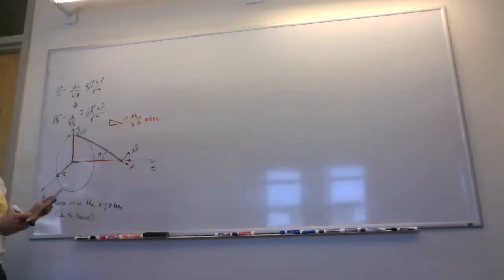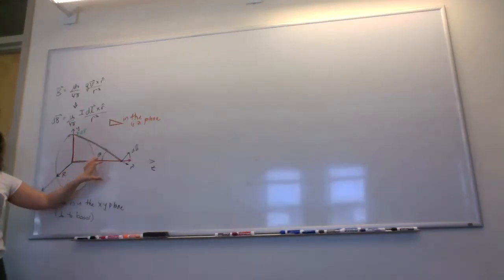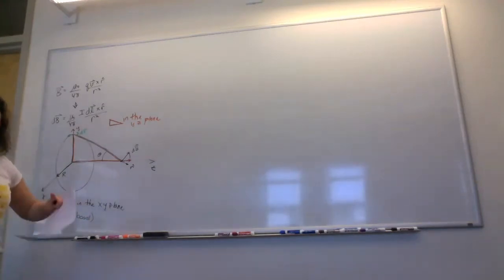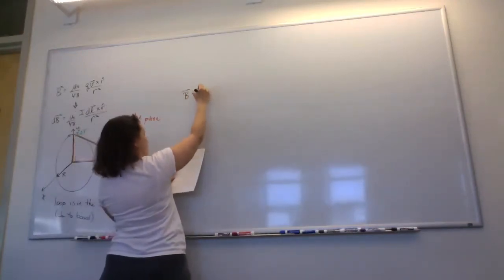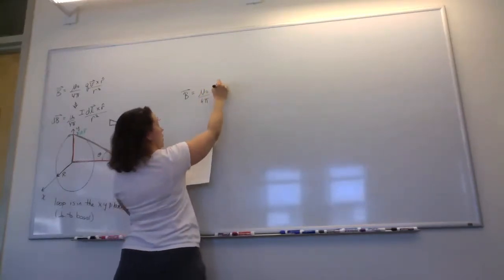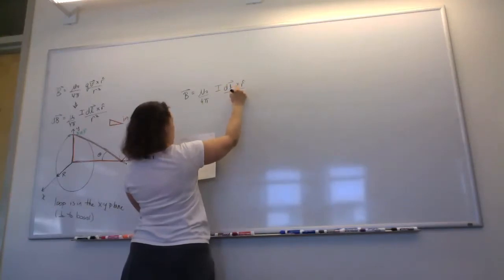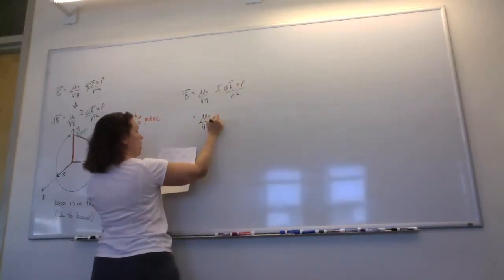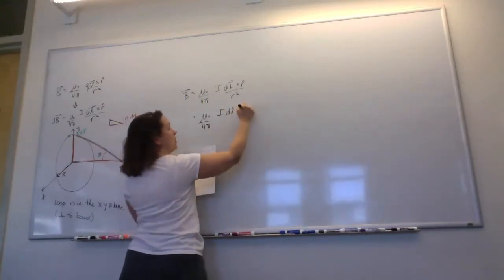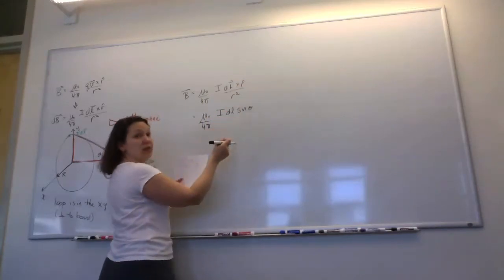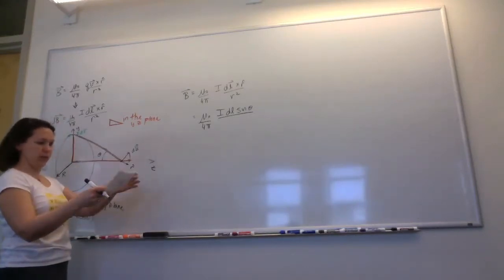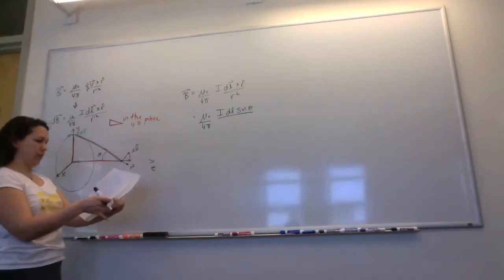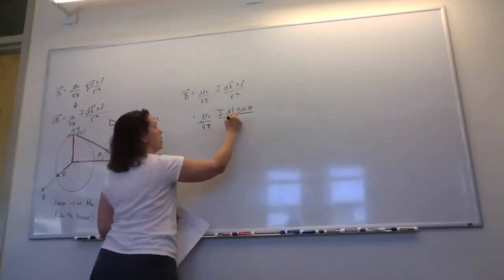Alrighty, so now when we talk about these cross products, I have an angle here, but we need to be careful about how we talk about the different angles. So B is equal to mu naught over 4 pi I dl cross r hat over r squared, which is equal to mu naught over 4 pi I dl sine of the angle between I dl and r, over r squared.